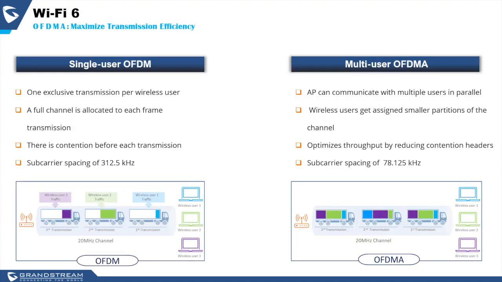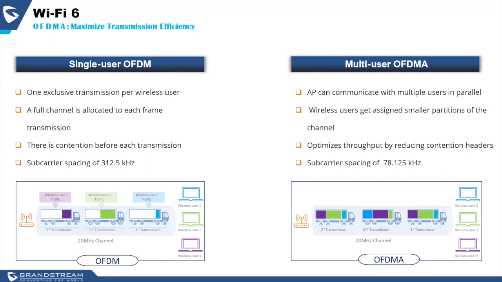In addition to multi-user MIMO enhancement, Wi-Fi 6 added the OFDMA technology to maximize transmission efficiency. The way that works, it takes a channel and divides it into up to 9 subchannels so that wireless clients can transmit simultaneously using multiple subchannels.